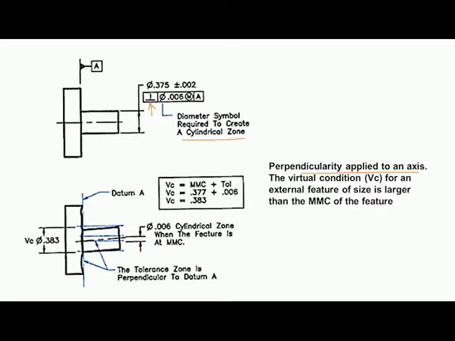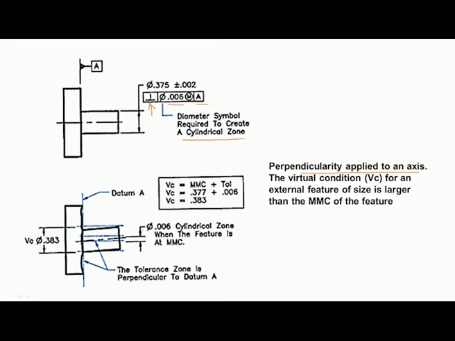Since the perpendicularity tolerance is given to the axis, we have to consider cylindrical zone, and the variation allowed is 0.006 at the maximum material condition, and the datum is with respect to this, the axis should be within this value, and the size of the cylinder is also mentioned. It is 0.375 plus or minus 0.002 millimeter.